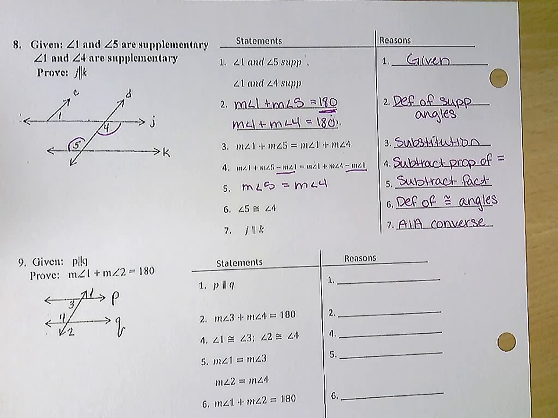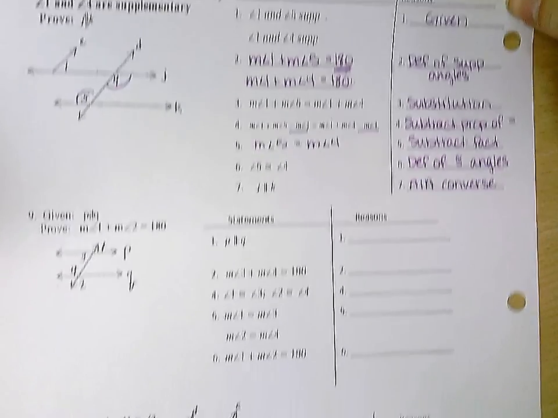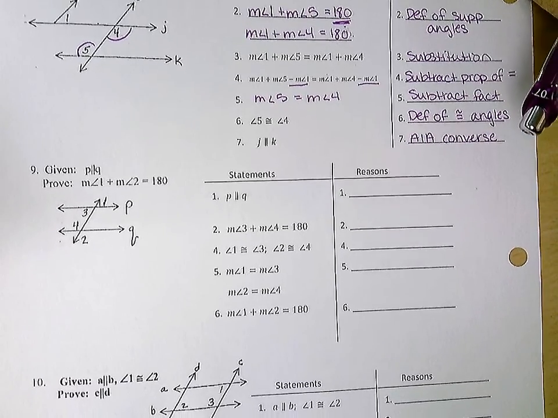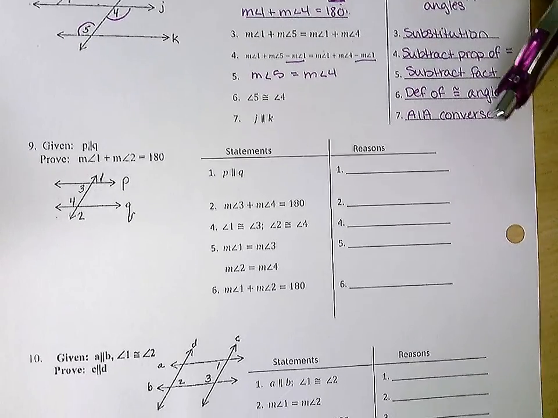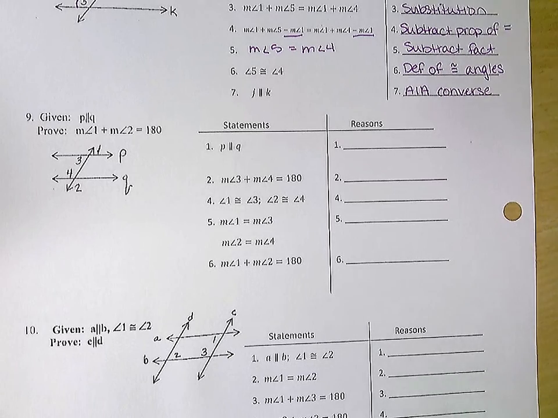Questions on number 8? We are ready for the homework. Not yet. I have to do number 9 yet. That one's different. Can you look at mine really quick? Number 9 is different. It's close.